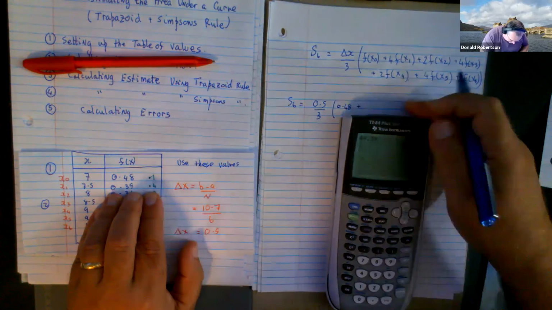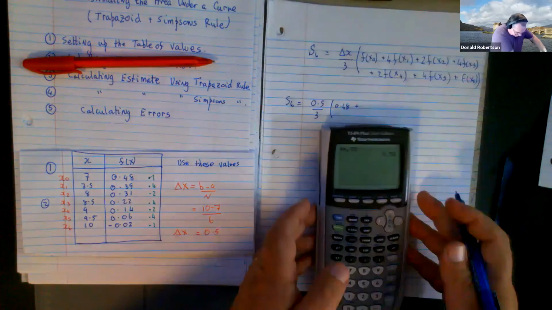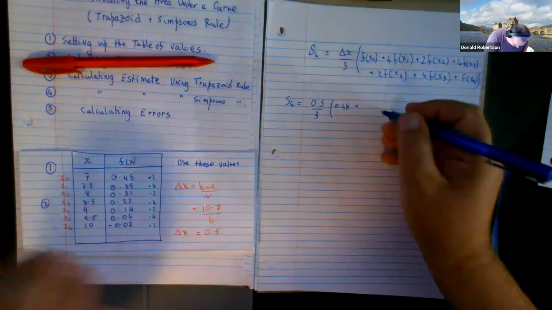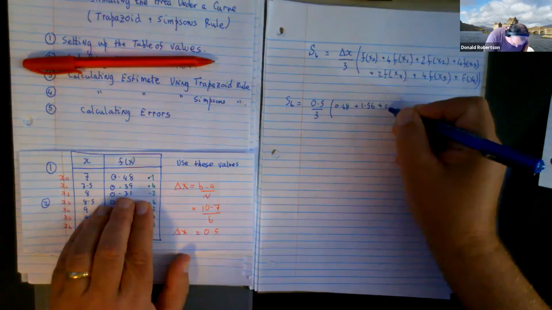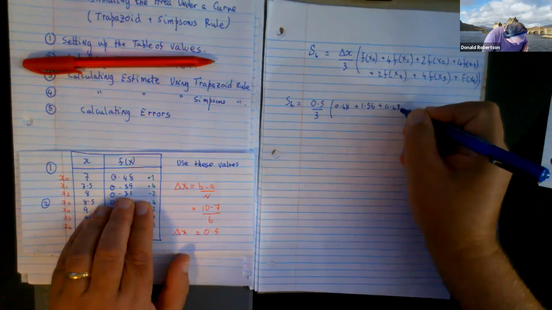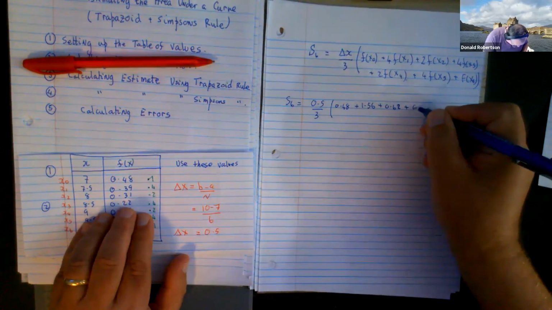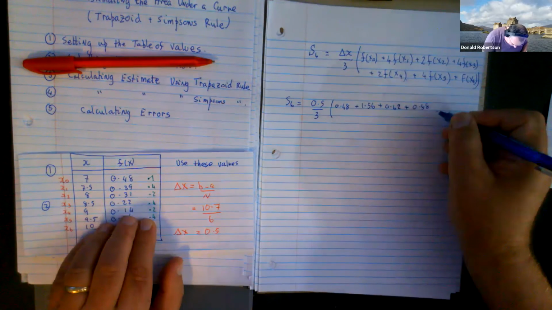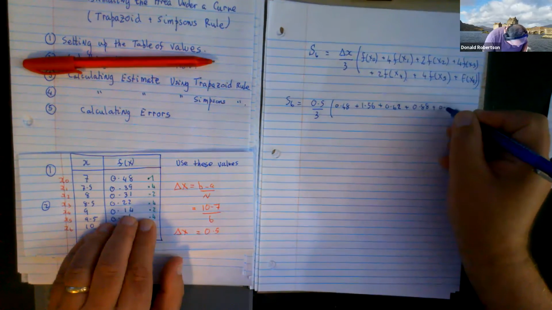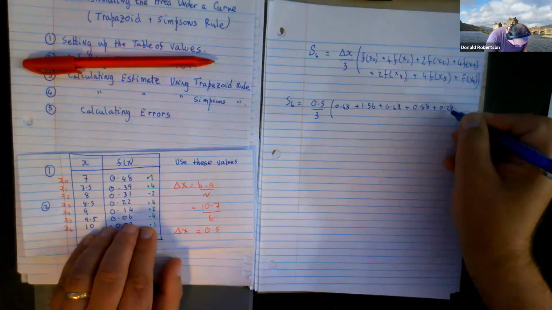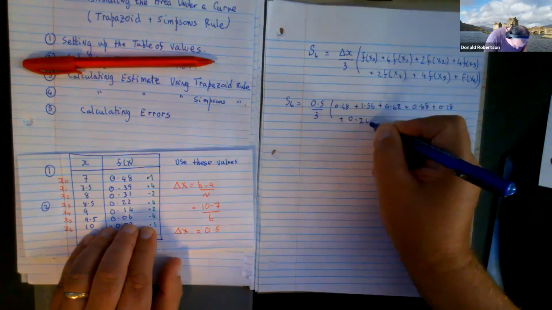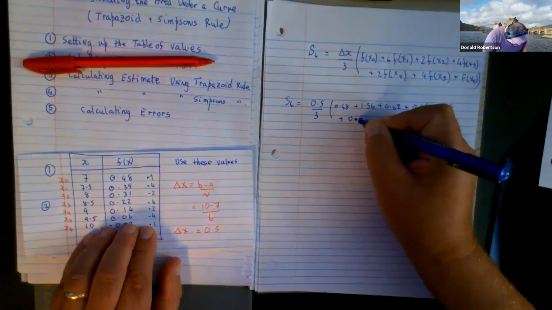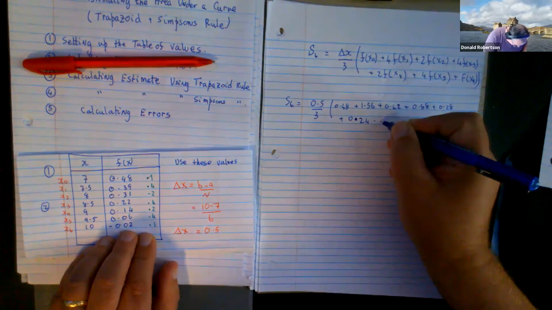And the answer is 1.56. 2 of these guys, 4 of these guys, 2 of these guys, 4 of these guys, and 1 of those guys.